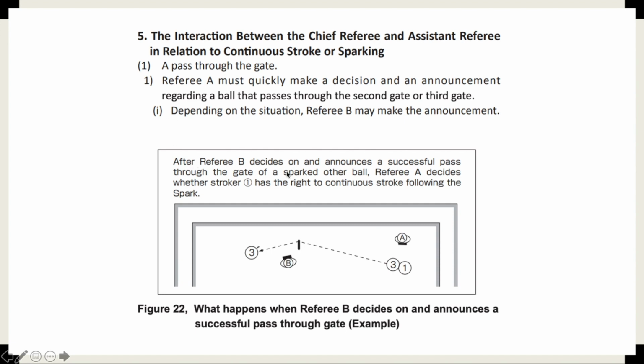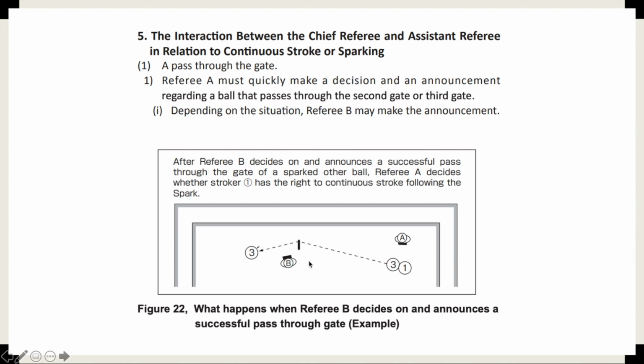After referee B decides on and announces a successful pass through the gate of a sparked other ball, referee A decides whether the stroker, player number 1, has the right to continue a stroke following the spark. So, in this situation, referee A is adjudicating on the sparking of ball 3 by ball 1, and referee B is adjudicating on the movement of ball 3 as a result of the spark. Ball 3 in this situation is sparked through gate 2.